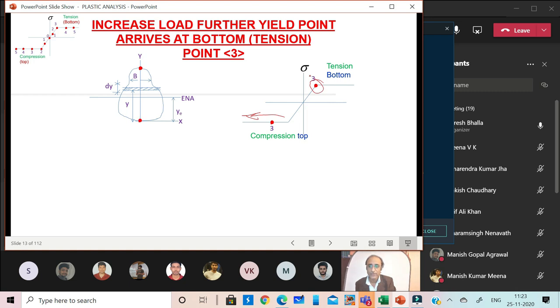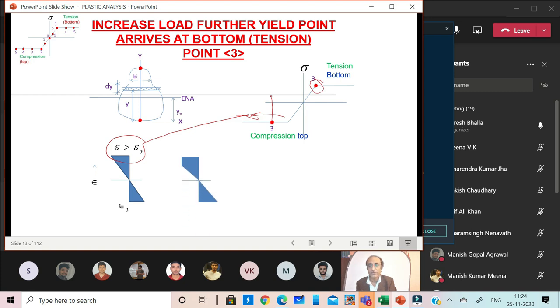So now if we see here, earlier at the top we had reached the yield point and not at the bottom, but now the bottom is also in the same category. And what we find is that the strain at the top has shot beyond the yield strain, and at the bottom we have just reached the yield strain.